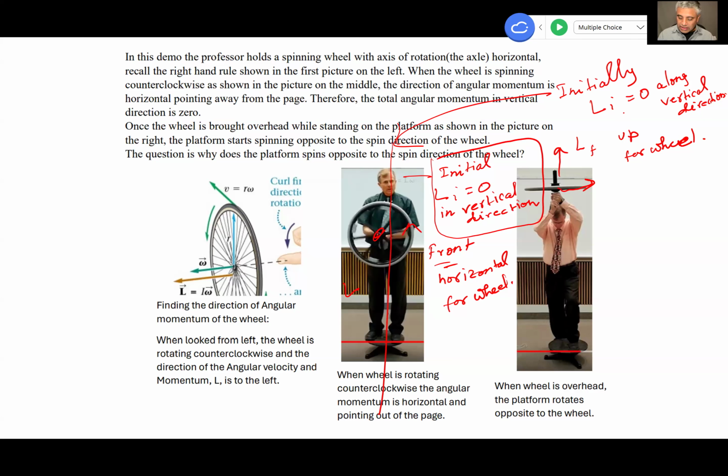So notice here, total versus just the wheel. I'm talking about two things. Total initially is 0, but total seems to be not 0 here, or let's say there is an angular momentum in the vertical direction now from the wheel. So what we know is L_f equals L_i, so that means it has to be 0.